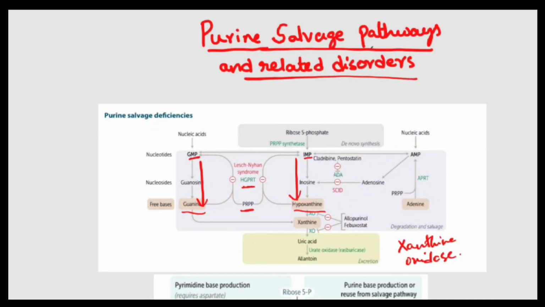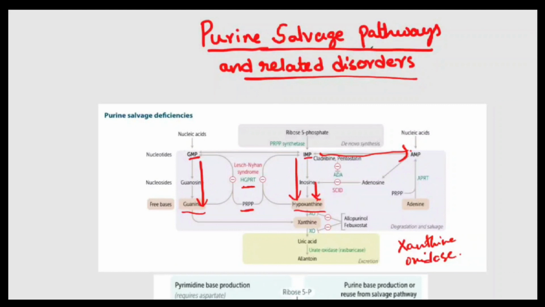Now coming to AMP, AMP is converted to adenosine, which is a nucleoside form, and it cannot be converted to adenine, as you can see over here. It is converted to inosine and then incorporated into this pathway to form hypoxanthine, xanthine, uric acid, or this hypoxanthine is again converted to IMP and this IMP is converted to AMP. So the formation of AMP is through the formation of IMP first.